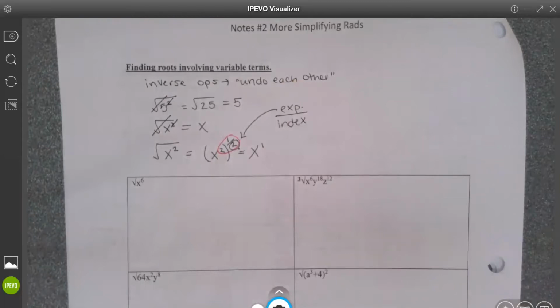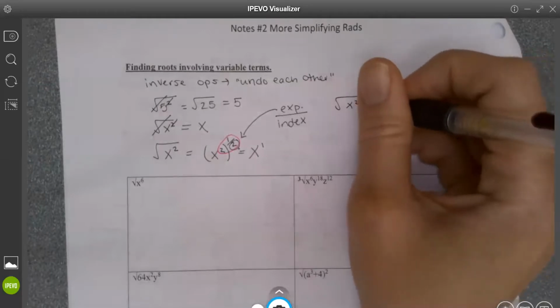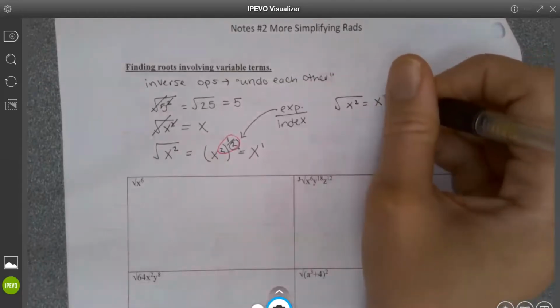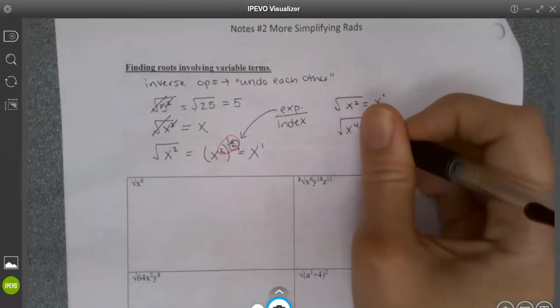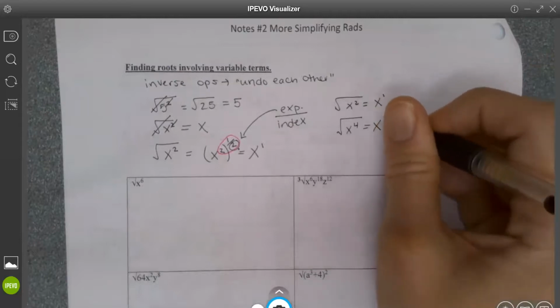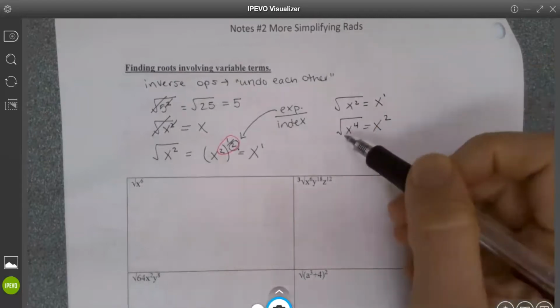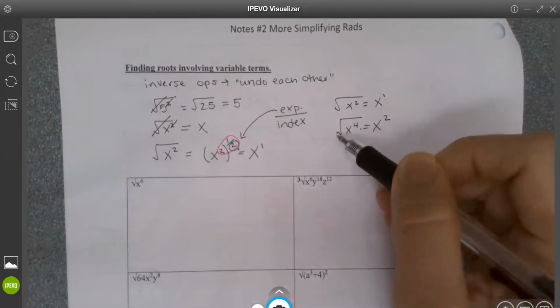variable term or not. So when I have the square root of x squared, 2 divided by 2 gives me x to the 1st. If I had the square root of x to the 4th, well, 4 divided by my index of 2 gives me x squared. Really I'm just dividing that exponent by whatever the index is.